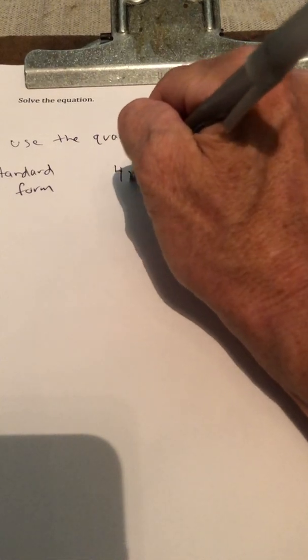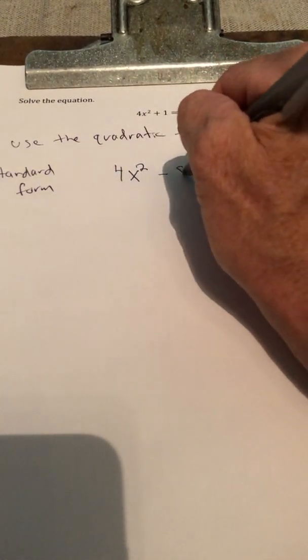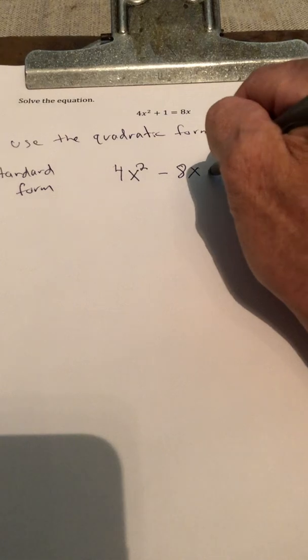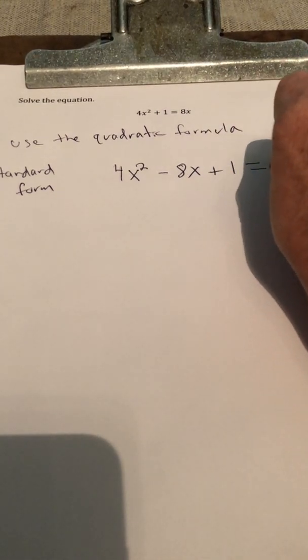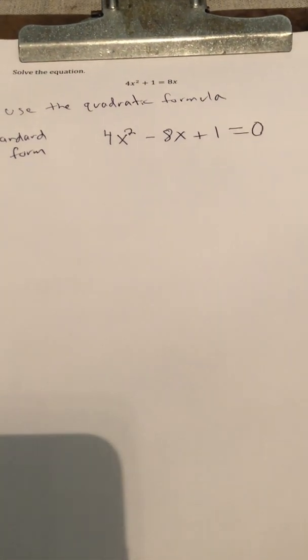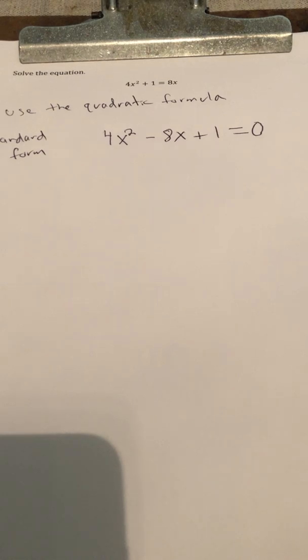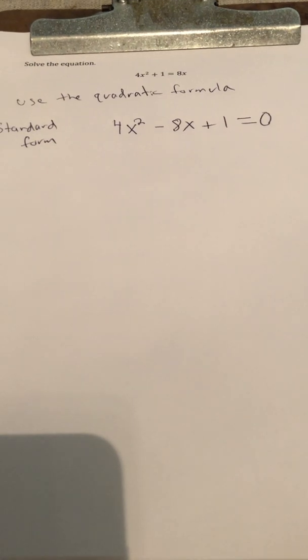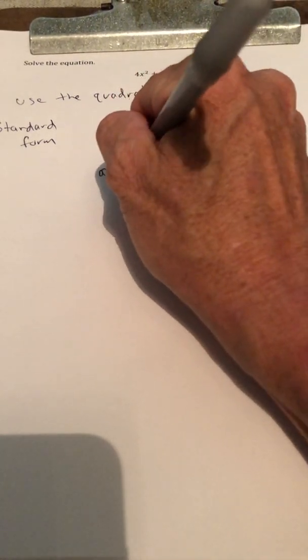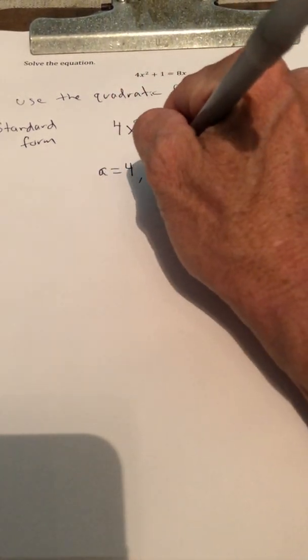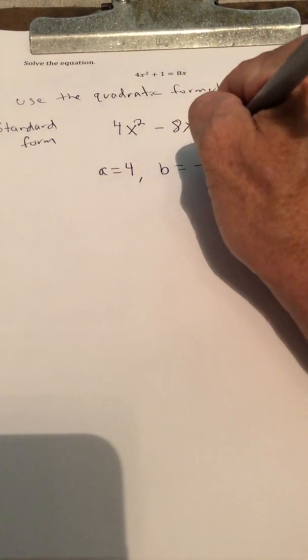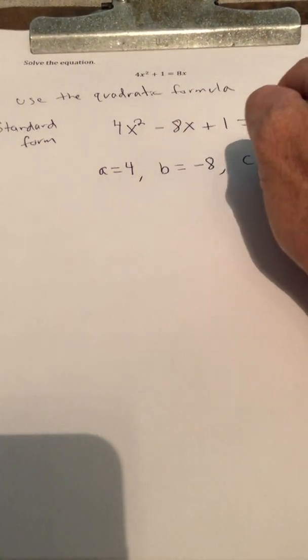So we're going to have 4x squared minus 8x plus 1 equals 0. So we recognize a as being 4, b is negative 8, c is 1.